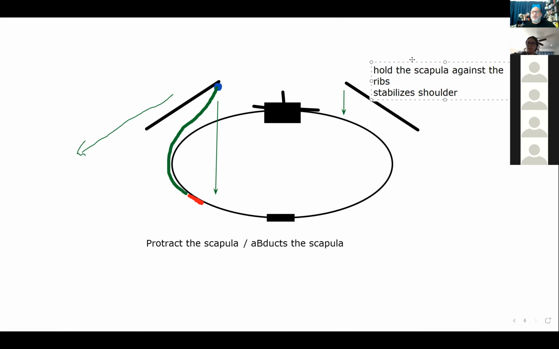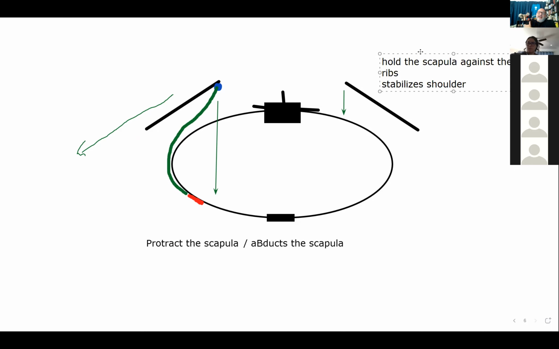Sometimes when a person falls and lands on their shoulder and crushes it inside, or sometimes during birthing, which is a very stressful process for both mom and baby, as the baby is coming out head first, sometimes the stretching of the neck can cause problems to a cluster of nerves in here known as the brachial plexus. And this brachial plexus is part of what's responsible for holding the scapula in place.